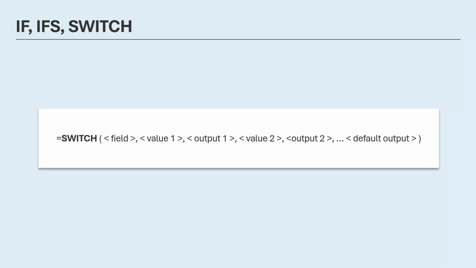The SWITCH function forces you, right at the beginning, to say what is the field that is being judged. So right up at the top, we will say, for example, we're looking to judge the field of what their level is. And then immediately following that are pairs of values and outputs. So if the field is set to this value, do this. If it's set to this value, do this, etc.